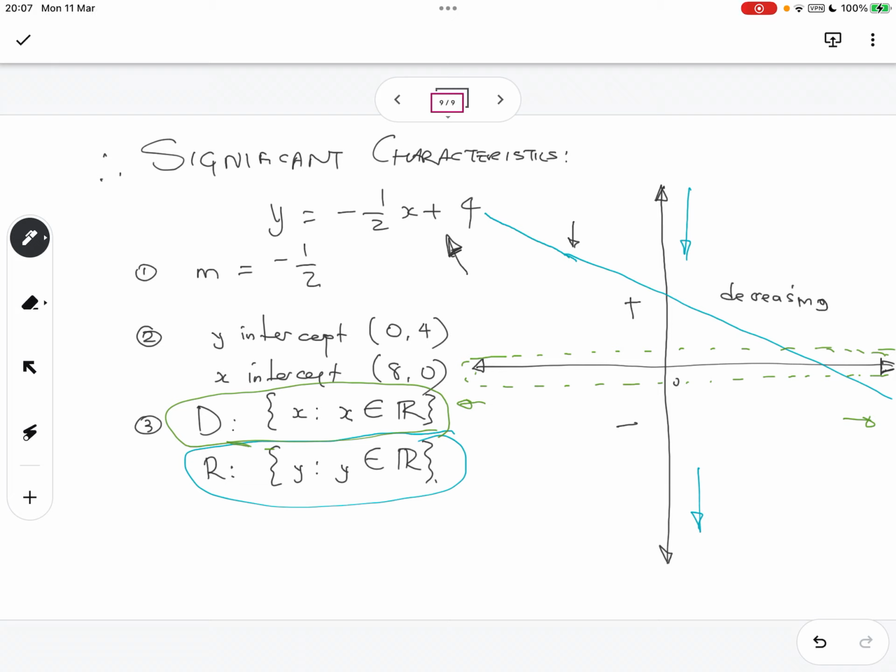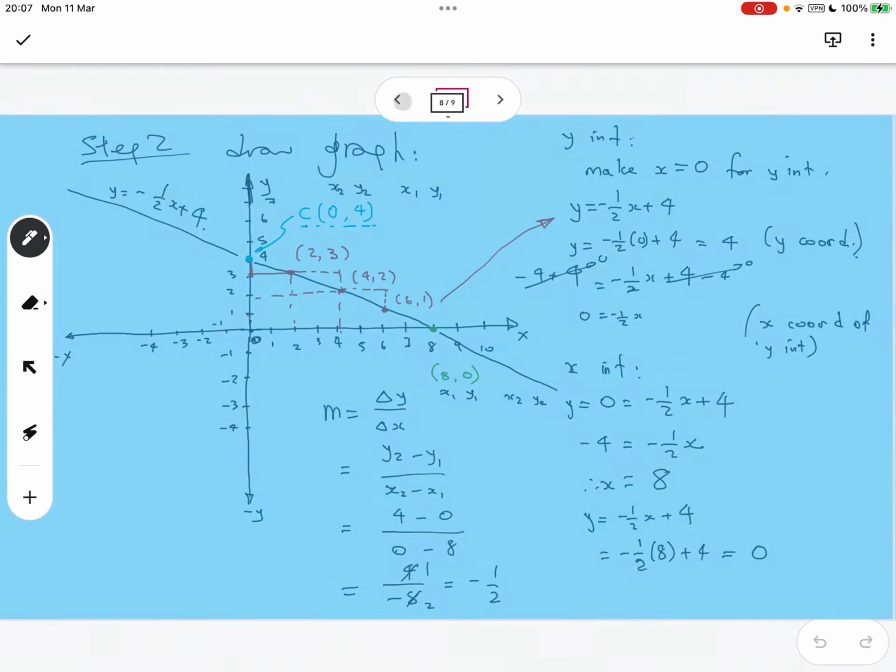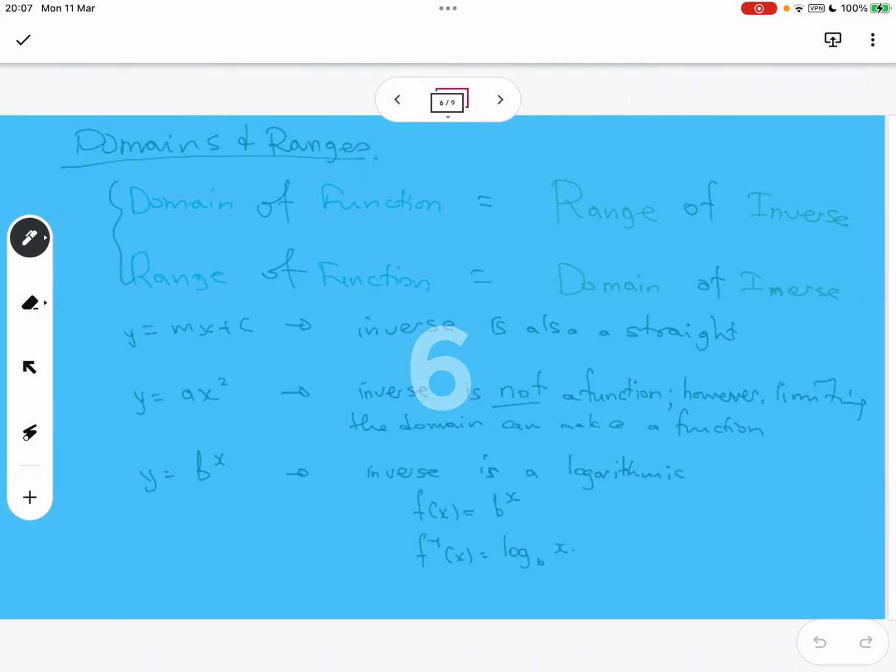But even though it is decreasing, any value of y from positive, whatever it is up there, to negative, whatever it will be down there, any value of y there will also be a real number. And that's what these two things mean, domain and range.